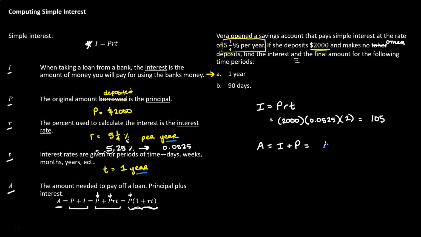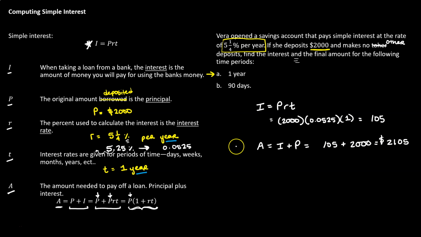Our interest is 105, our principal was 2,000, and adding those together, we get $2,105. That's the final amount. So if she deposits $2,000 into her savings account and lets it sit there for exactly 1 year, does not deposit anything else, and does not withdraw any money, the bank is going to say at the end her final balance is $2,105.